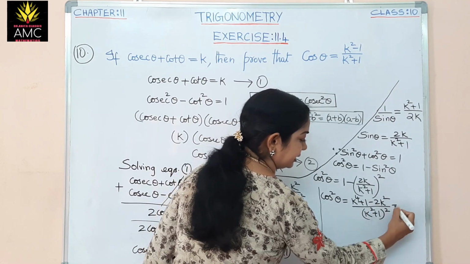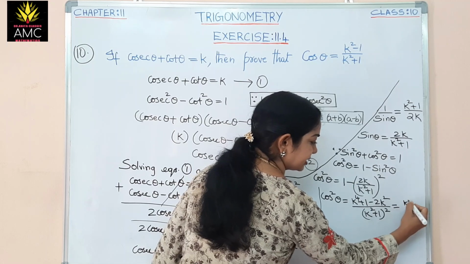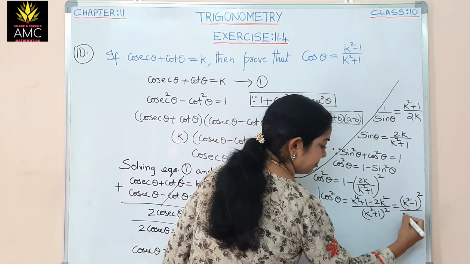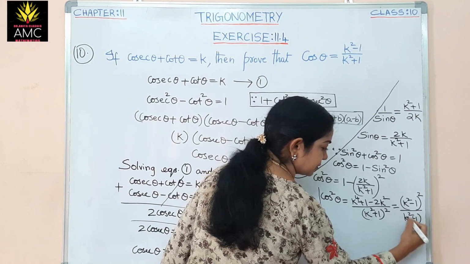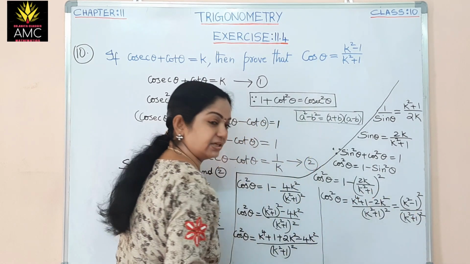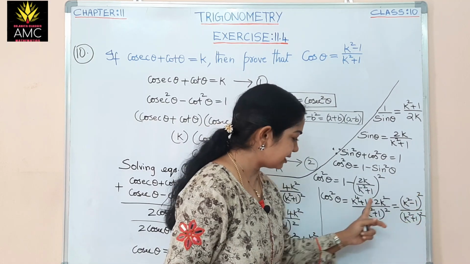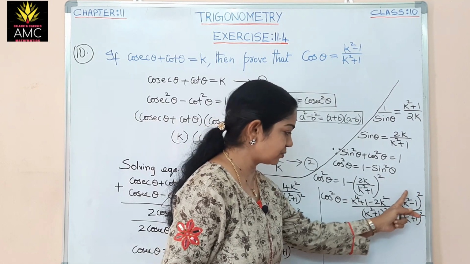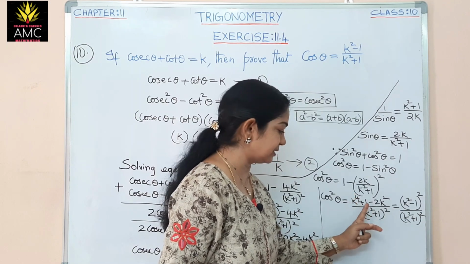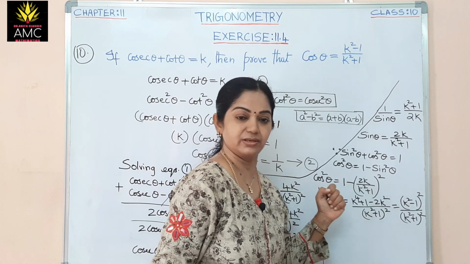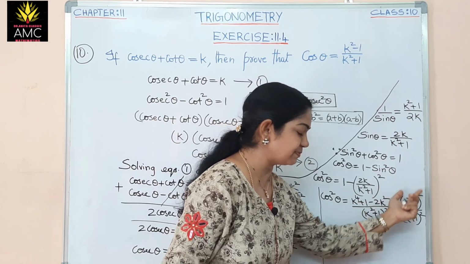Now clearly the upper part is k square minus 1 whole square by k square plus 1 whole square. If you expand it, you get this, isn't it? a square, that is k to the power of 4, plus b square, that is 1, minus 2ab, minus 2k square. So I can write this as a minus b whole square.